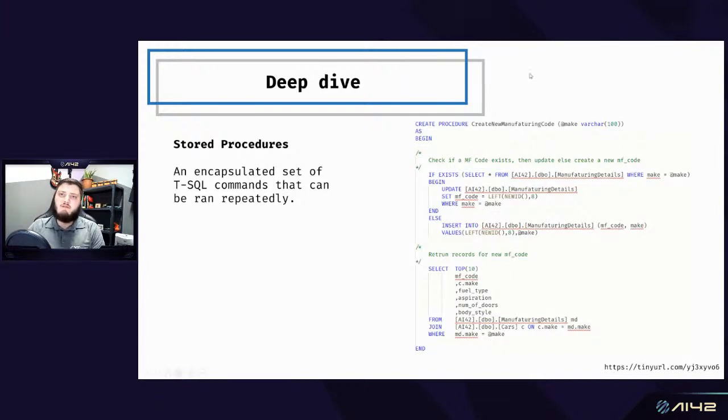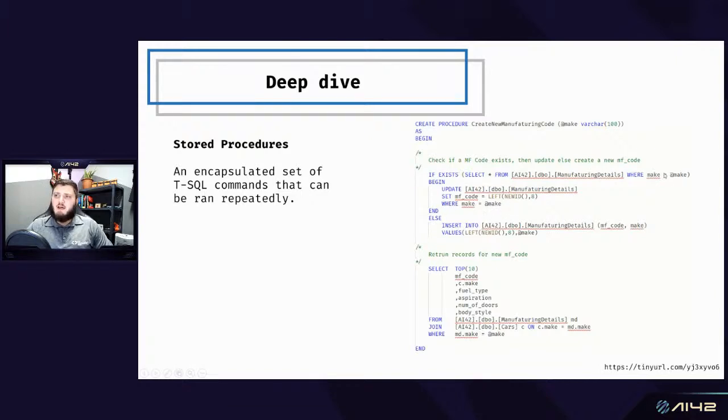In the example I've created here on my right-hand side, I created a stored procedure called create new manufacturing code. I have to pass it the make of the vehicle when I execute this. The first thing I want to do is check my manufacturing table. If I have that make already in my manufacturing table, generate a new manufacturing code for me, because in this business case, that's what I needed to do.